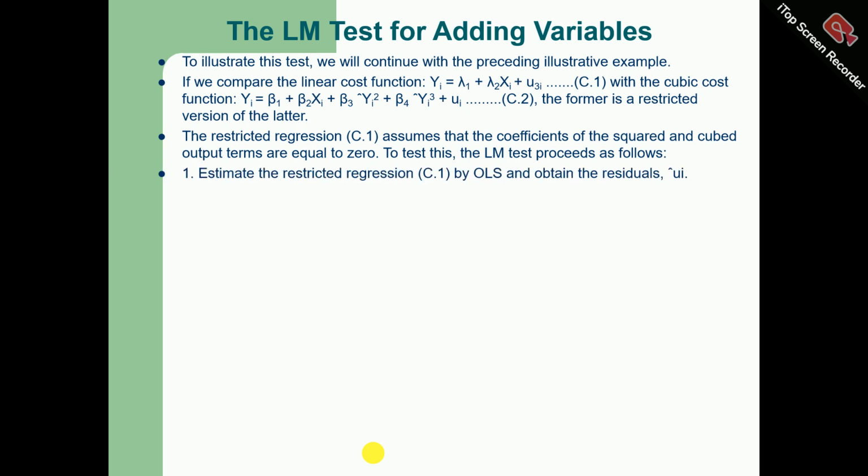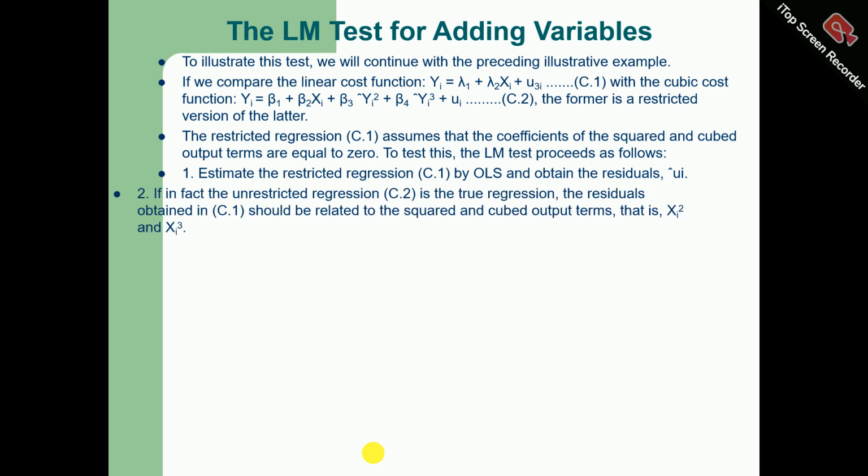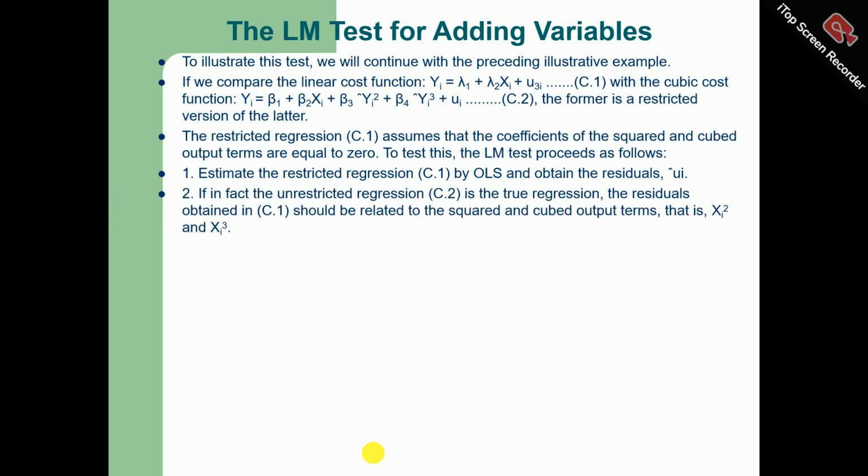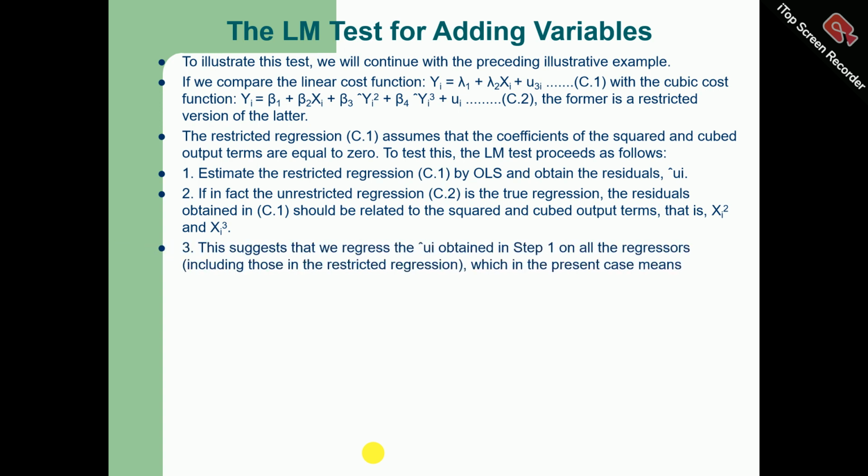Estimate the restricted regression by OLS and obtain the residuals ui hat. If in fact the unrestricted regression is the true regression, the residuals obtained in the restricted regression should be related to the squared and cubed output terms, that is xi square and xi cube.